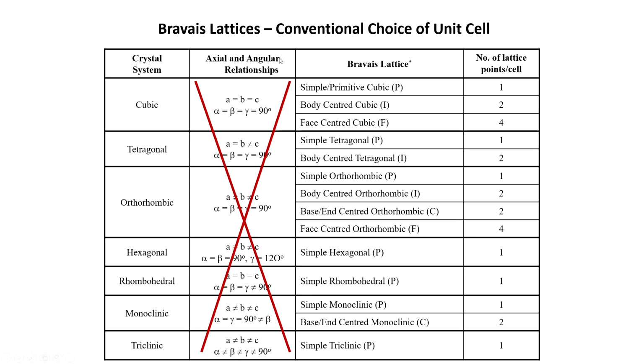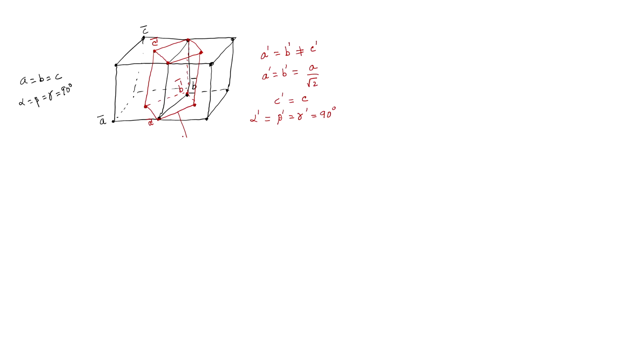So, if I go back to my lattice, I would say, and this is what is stated in many books, that is why we do not have an end centered cell, because we can represent it as a simple tetragonal unit cell. A simple tetragonal unit cell would have A equals B not equal to C and angles being 90 degrees, and it is a primitive cell. So, we say that this is tetragonal.